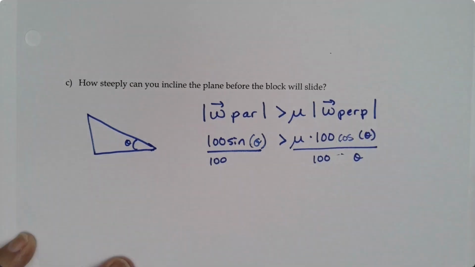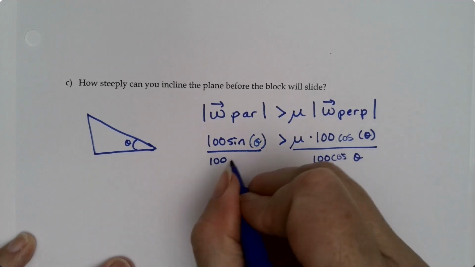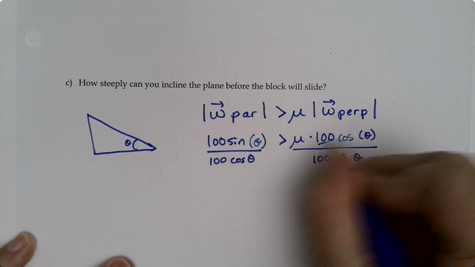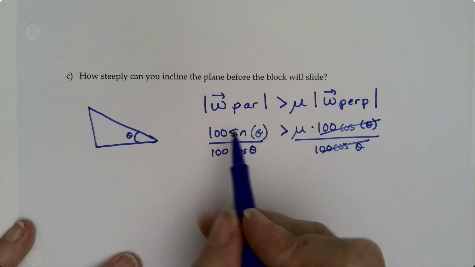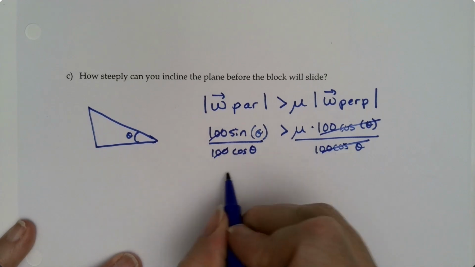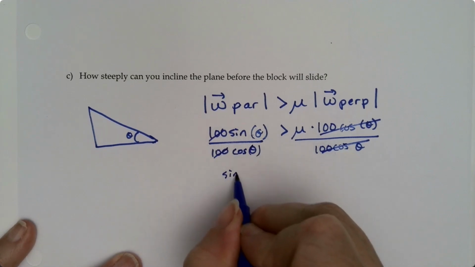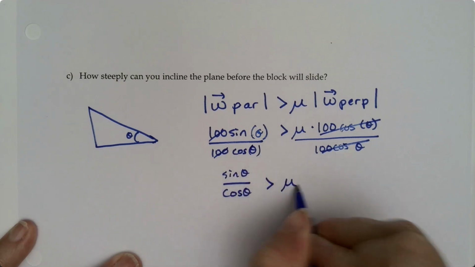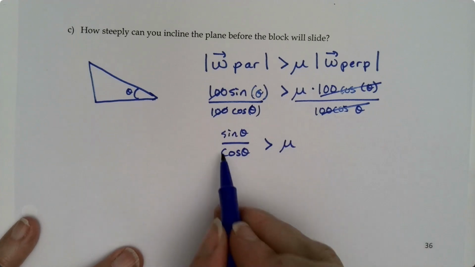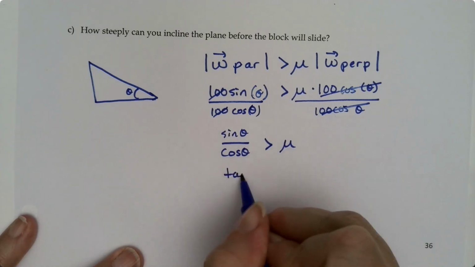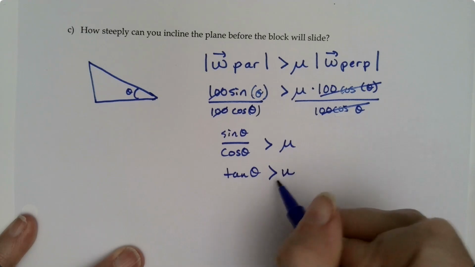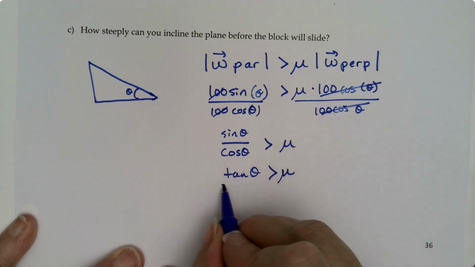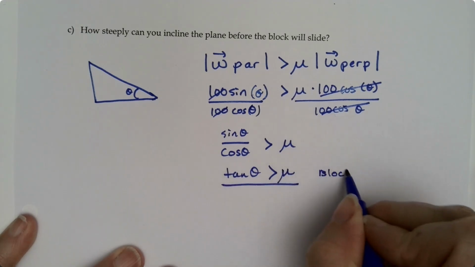So divide by 100 cosine of theta. Over here, the hundreds are going to go, and you're left with sine of theta over the cosine of theta. We need the sine of theta over the cosine of theta to be greater than whatever mu is. But that's the tangent of theta. So if we can get the tangent of theta to be greater than mu, the block will slide.